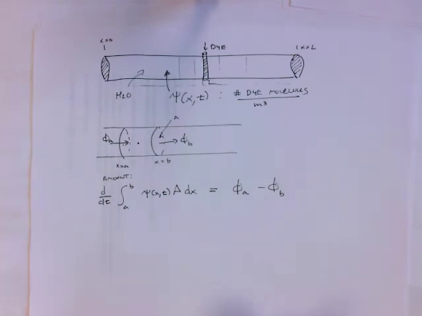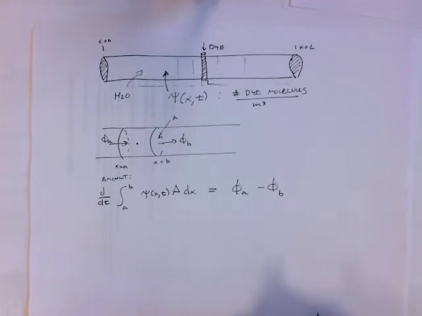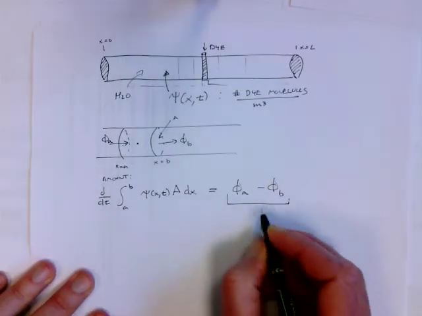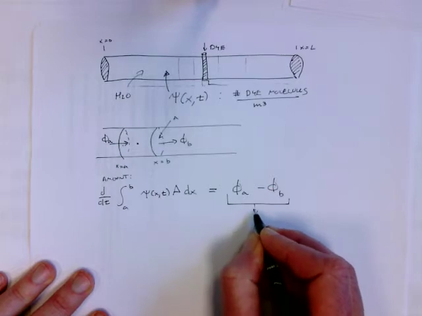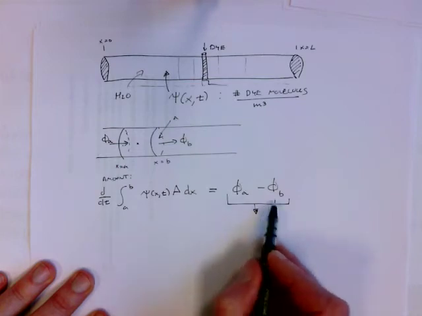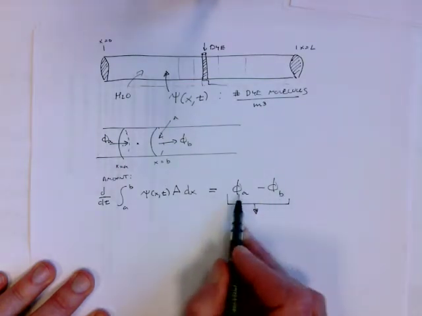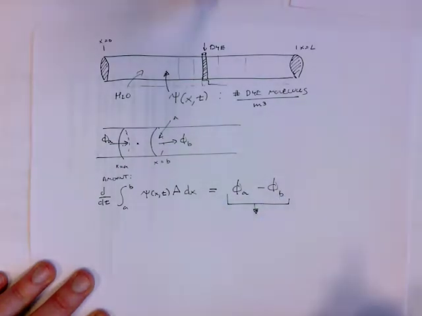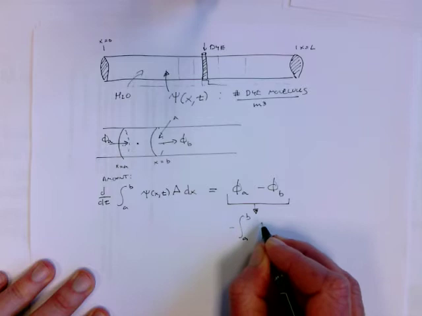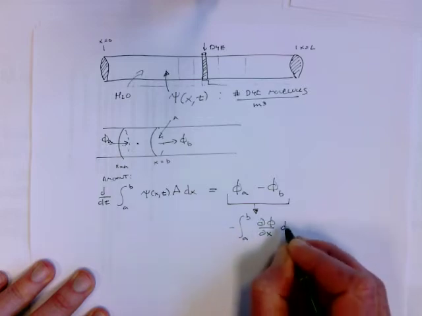Right. Okay. So now that I've got that, you'll recall that what we did in the case of the heat equation is said, well, wait a minute, the difference between these two things looks sort of like the integral of something. In particular, it's negative the integral from a to b of the derivative of that flux with respect to position, right?